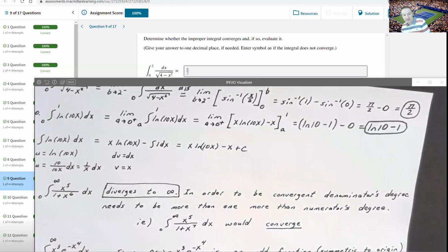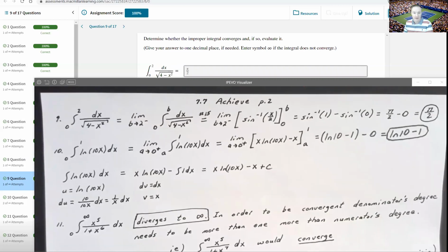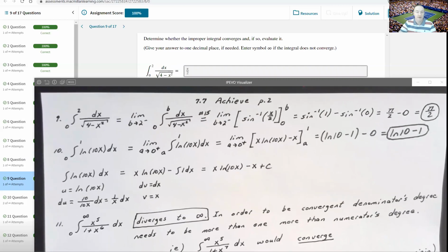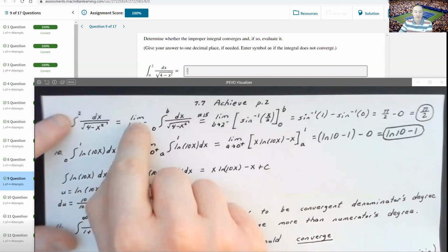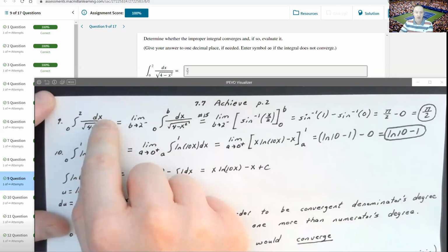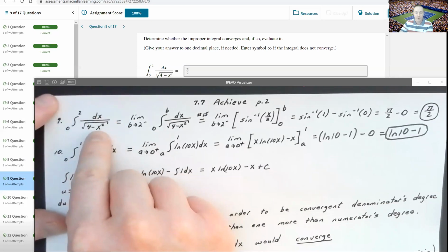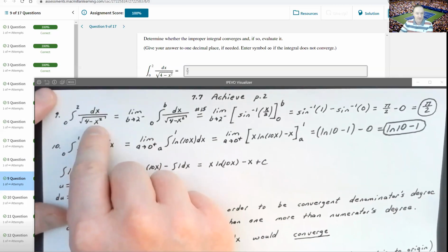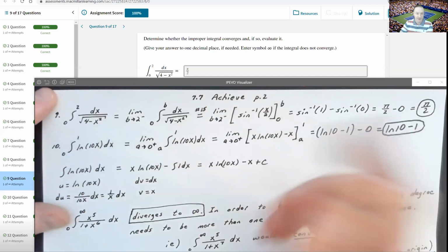For number 9 here in this section, again, not a whole lot of work to this one. What I did on this one, though, is I had to use one of the table integral formulas to simplify this expression. We have the integral from 0 to 2 of dx over the square root of 4 minus x squared. Now, this isn't like some of the earlier problems where it's just a linear function to a power.